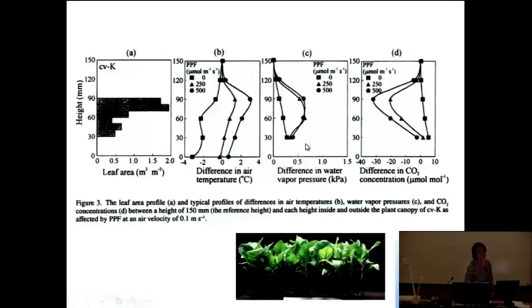But during the day, with radiation, they open stomata as long as there is no water stress, so you see the shape is clearly different. Now the highest water vapor pressure is where the leaves are, and much lower underneath and also at the top of the canopy.